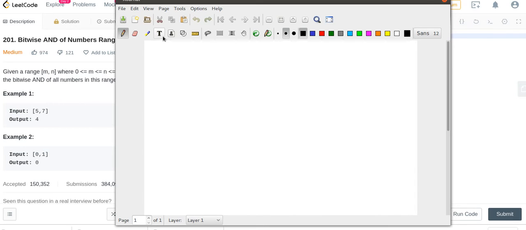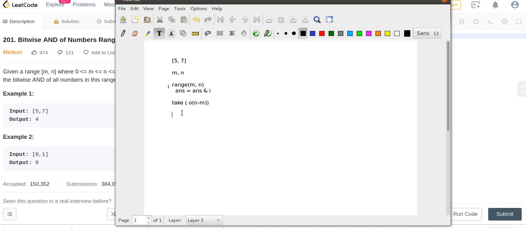So naively, we can have m and n, such as 5 and 7, and iterate from m to n and bitwise AND all the numbers. This takes O(n minus m) time.